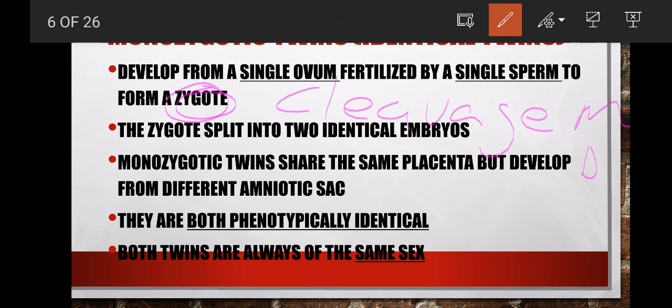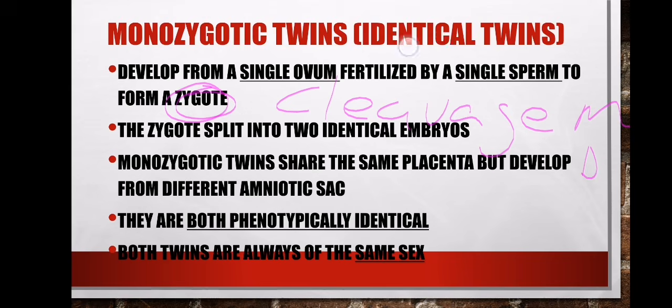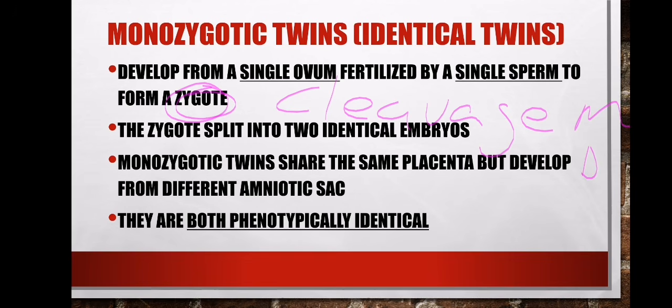If we go deeper and check why they are identical, take note of this word: identical simply means that they are the same. As a result, we say even the physical appearance or phenotypically they are identical.